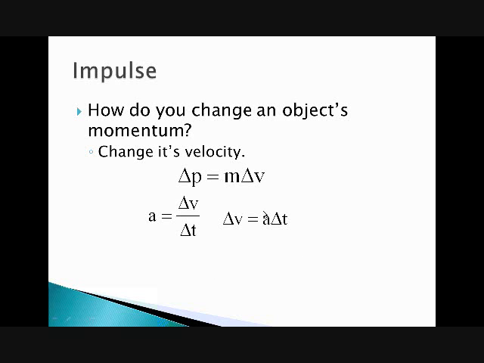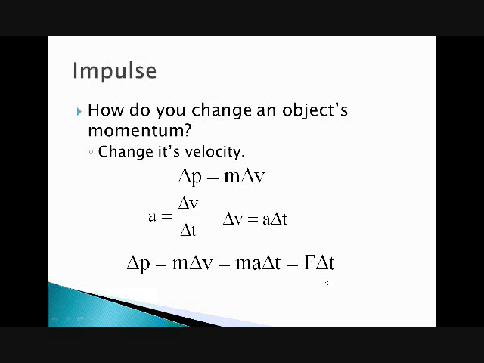Now, sticking this expression, acceleration times change in time, into my first equation gives me that an object's change in momentum is its mass times change in velocity, and that's also equal to mass times acceleration times change in time. And we know that ma is equal to force. And so an object's change in momentum is ultimately equal to some force times a time period.